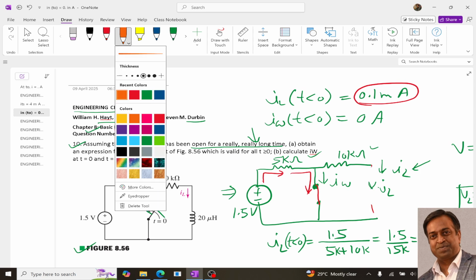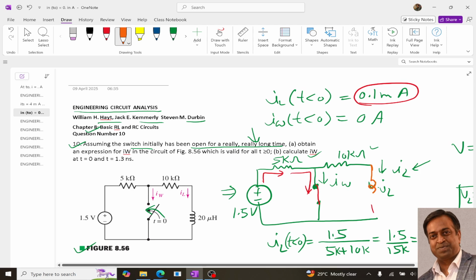The inductor will try to maintain this IL current. Again, let the current through this be IL of t.